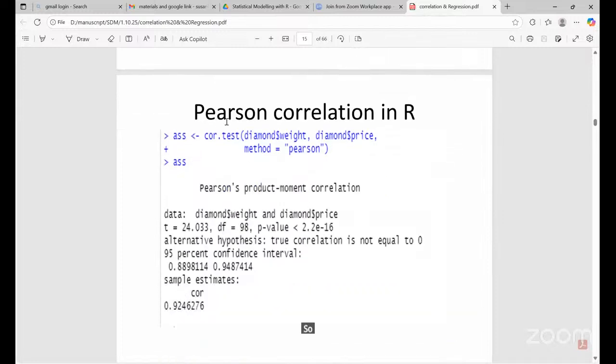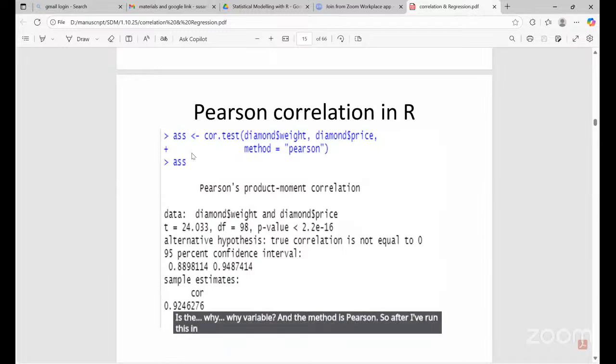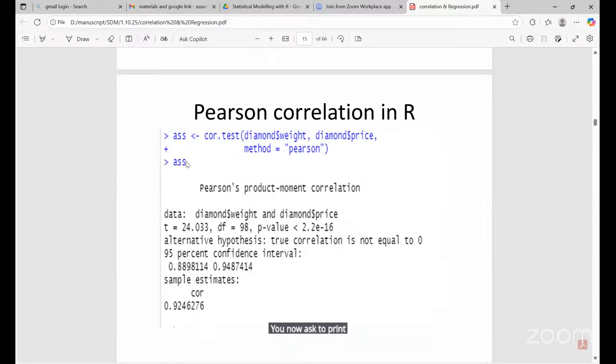When you use cor.test in R, you get this information below. Here ASS is the object name of this command, cor.test is the command, diamond is the file, and we get weight. Then diamond$price is the Y variable, and the method is Pearson. After you've run this in R, you ask to print the object, and it gives you the information below.